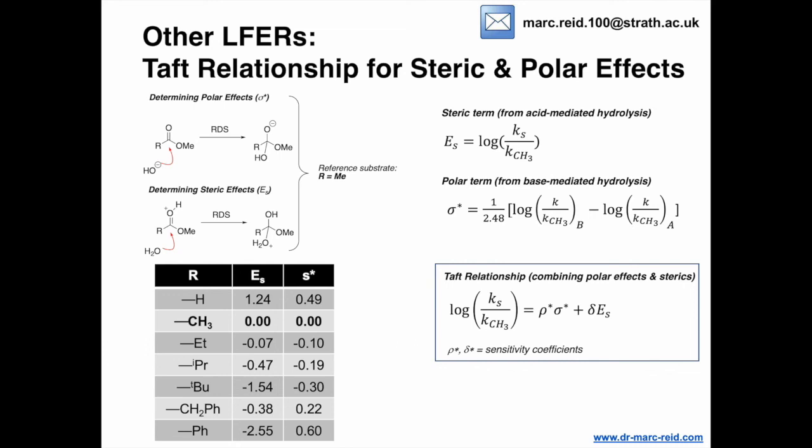For sigma star, the polar effect, that can be considered in a similar fashion to the Hammett substituent constant sigma. Values more positive than 0, the value set for methyl, the substituent can be considered electron withdrawing. Negative values of sigma star are for electron donating polar effects. Note that by polar effects, we refer to the combined influence of resonance, field, and inductive effects in one term.